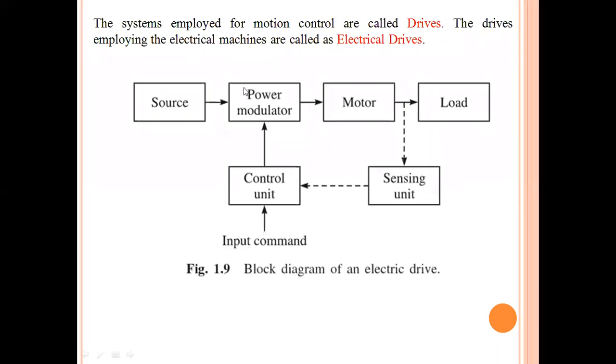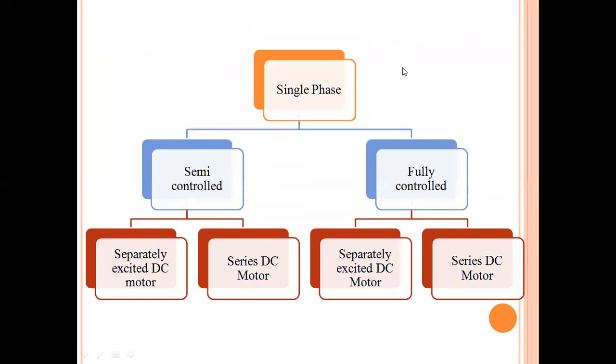And coming to the next slide, this is the classification of single phase converters. Already I have told you that this first unit deals with rectifiers. Rectifier means input side we are having an AC source, output side we are using DC motors, so definitely we need rectifiers.